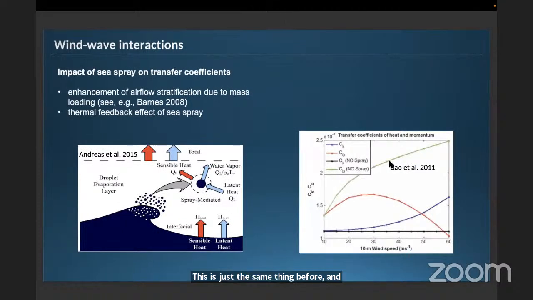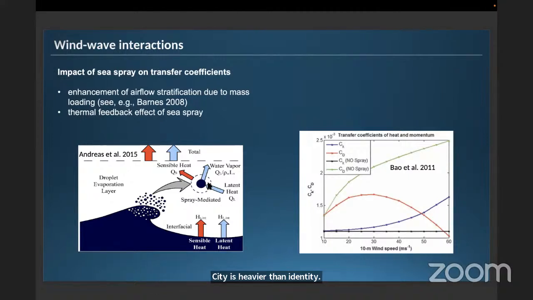And then finally, we also have impact on the sea spray, so the ability of the winds to rip out, let's say, droplets from the waves. And this sea spray, so all these droplets, will have an impact on different things. First, on the airflow stratification, because water density is heavier than air density, so it impacts the stratification.